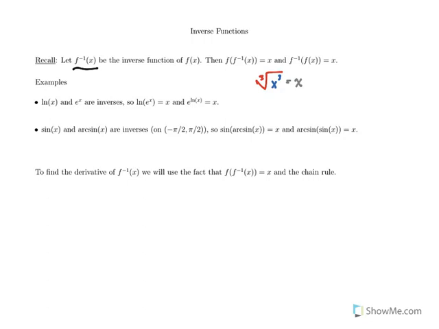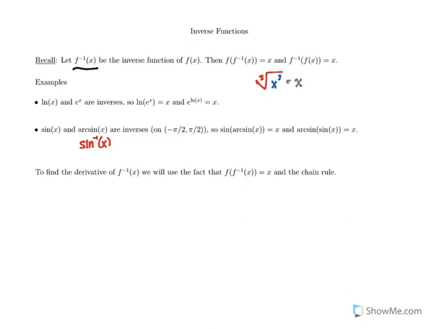And then we're going to look at inverse trig functions. So that is sine and arc sine. Note that arc sine is another name for sine inverse of x, but I'm not going to use that notation because it's a little bit confusing what that -1 means. So we're just going to use arc sine instead.